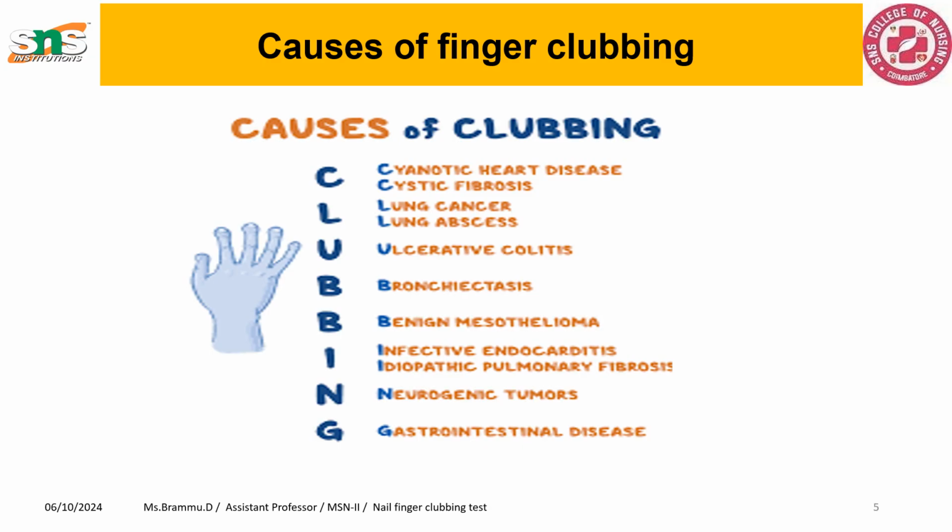So what can be the possible causes of finger clubbing? There is a mnemonic called clubbing. C for cyanotic heart diseases, or acyanotic heart diseases where the patient has a left to right shunt, that is mixing of the deoxygenated blood into the oxygenated blood.